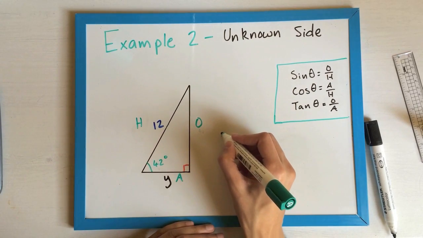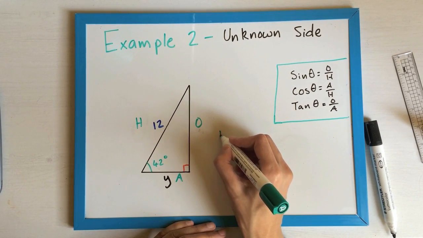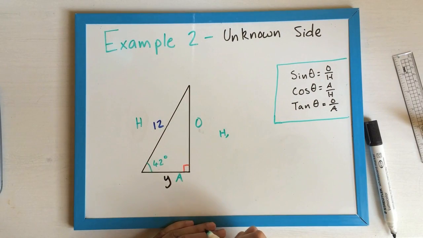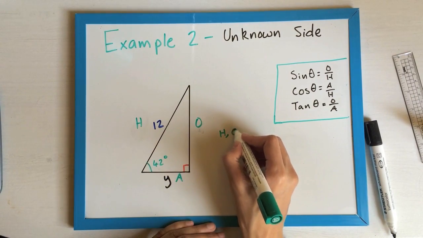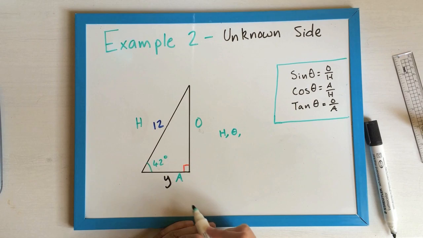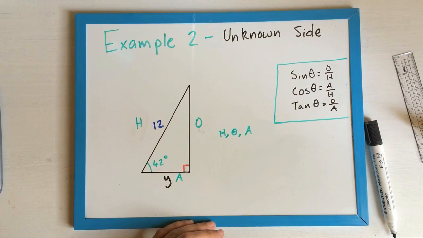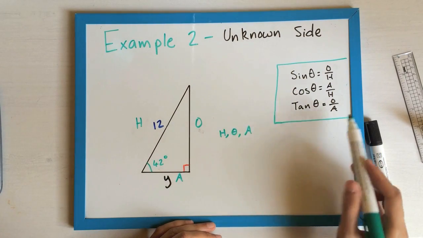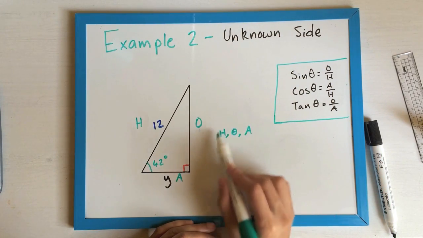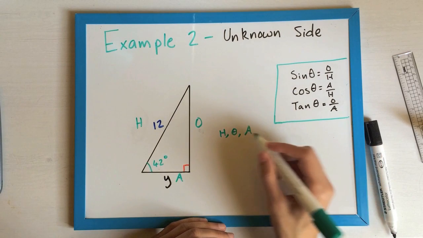So let's write down the pieces of information we have, which is h, the hypotenuse, theta, the angle, and we're trying to look for the adjacent. So we need to find a trigonometric ratio that involves all three of these. They all contain theta.